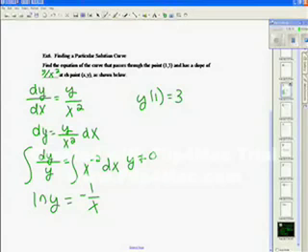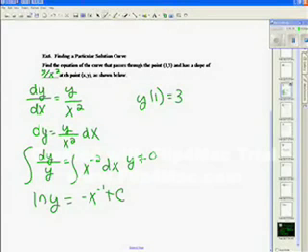What else am I missing? Plus c. All right. So I have the ln of y equals negative 1 over x plus c. I would not be averse to rewriting this as negative x to the negative 1.